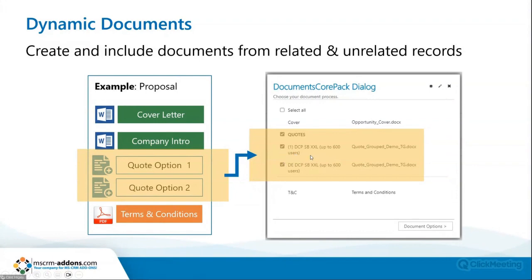I can select from those, and then it will create those documents from the actual quote itself. So I'm creating documents from the opportunity, using templates from the opportunity and templates from the quote as well. It also allows us to do things for unrelated records, and I will show an example of that in the demo. This will probably become a little more clear once we do the demo.